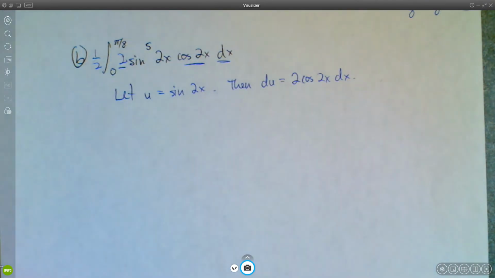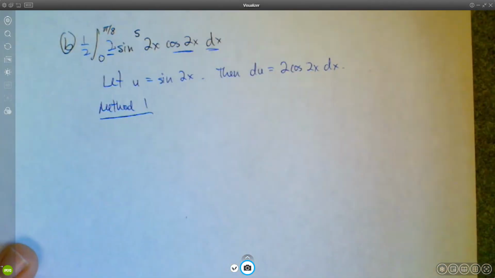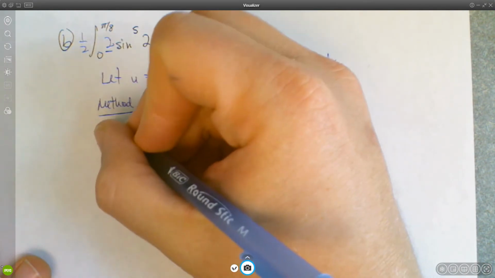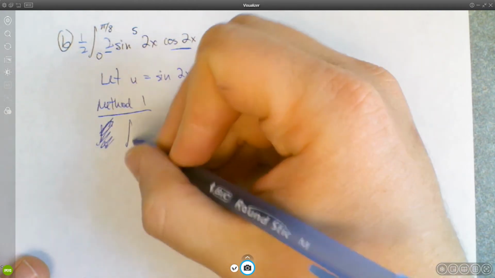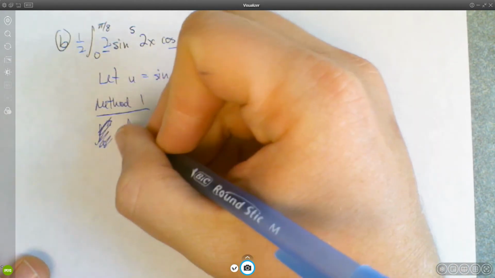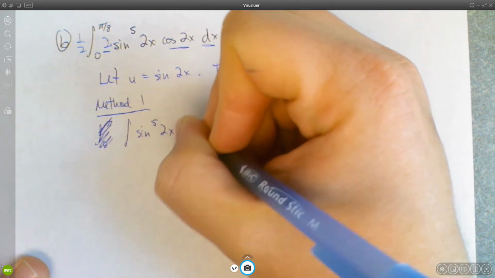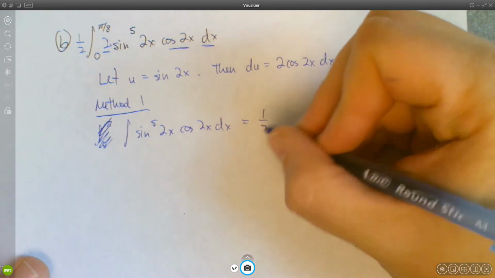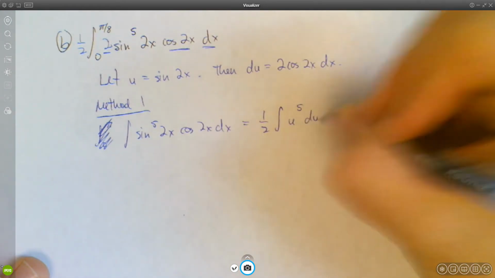So if I'm doing this using method 1, I don't want to put the limits of integration on there at all. So I would just say, the integral of sine to the 5th 2x cosine 2x dx equals 1/2 the integral of u to the 5th du.